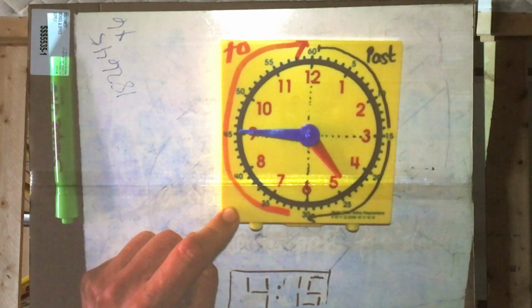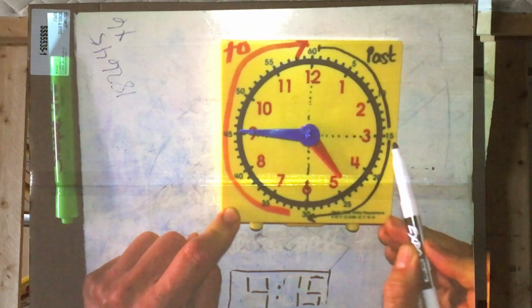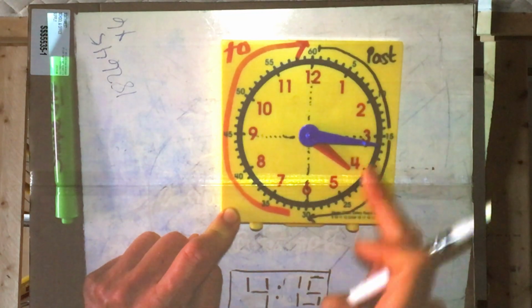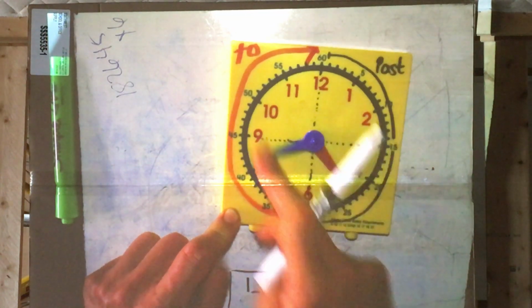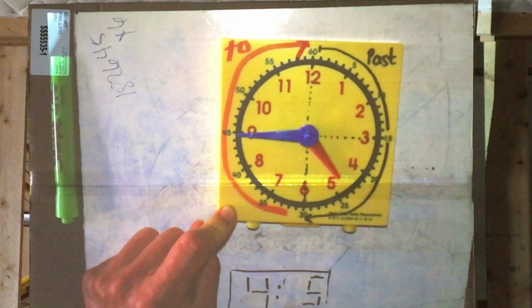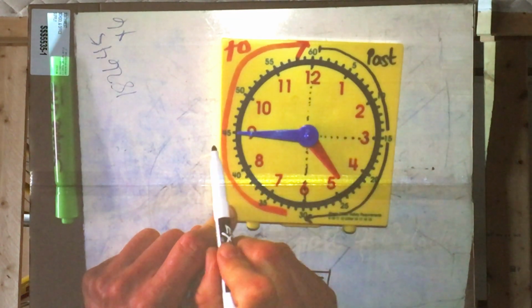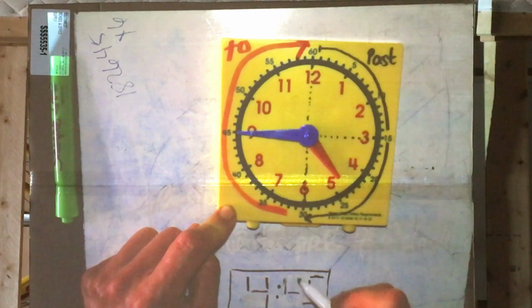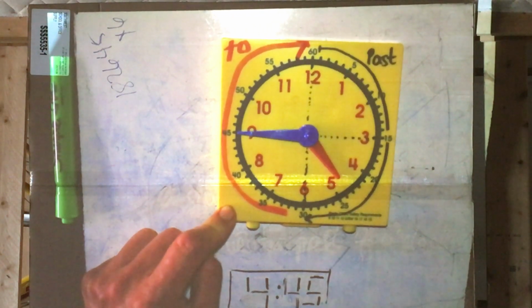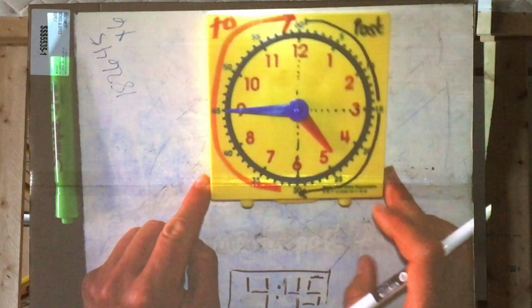However, now, my minutes, it's not 4:15, which would be that. I'm going to pull that over here. It's now 4:45. Okay, so once again, I'm going to put that in there. It's 4:45. So that's how we say it. 4:45. That's how you say it on the digital.